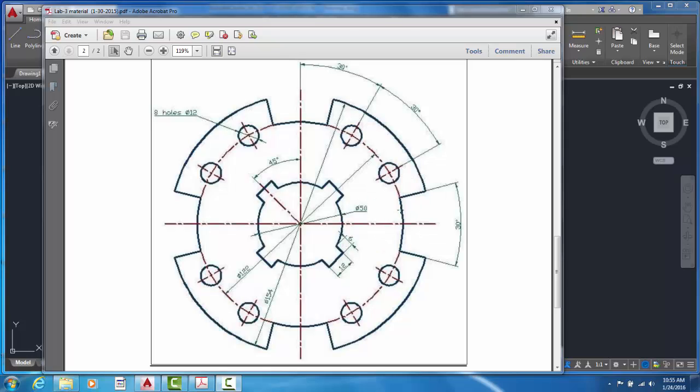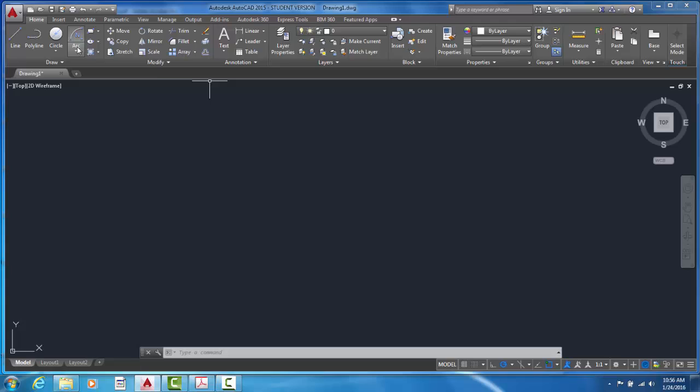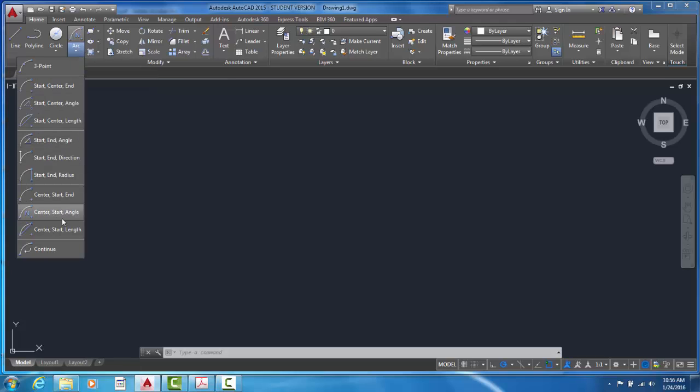This arc has a radius that is half of 122, or 61. This arc has a radius that is half of 154, or 77. Choose arc.